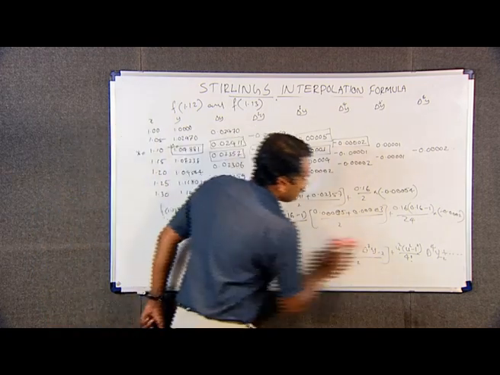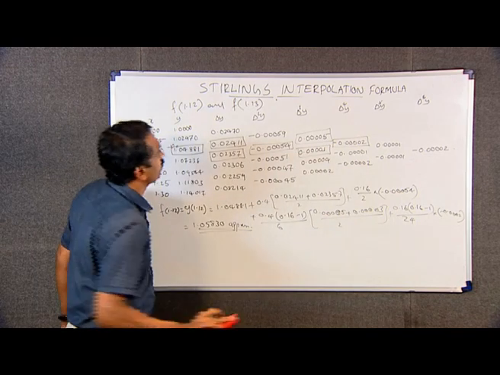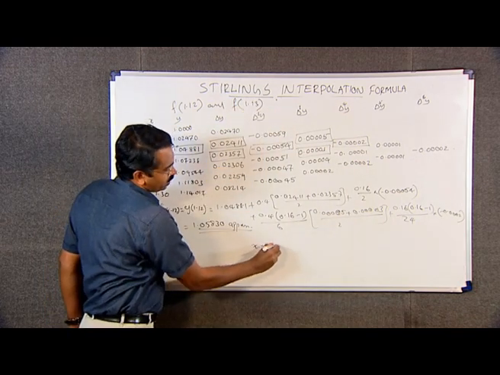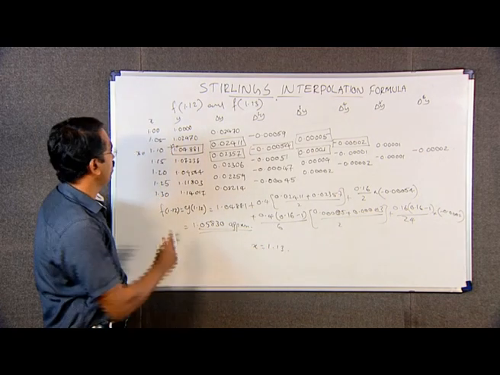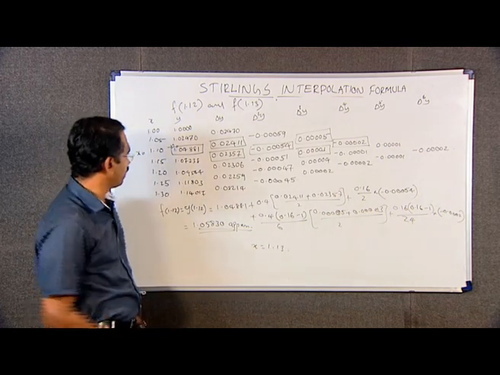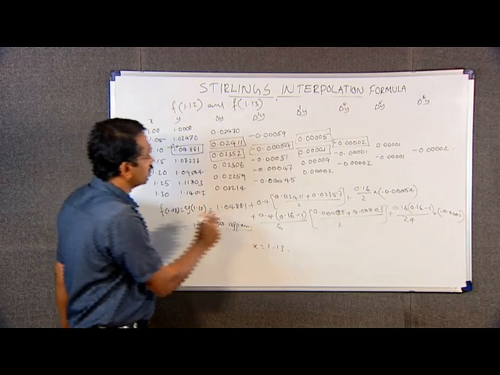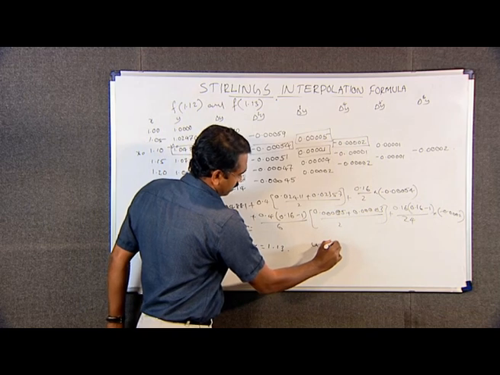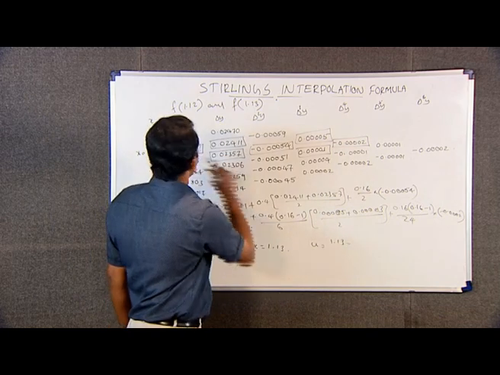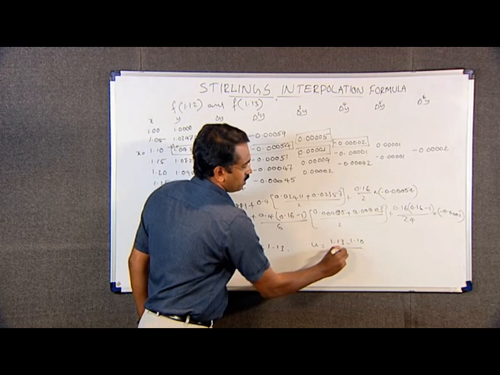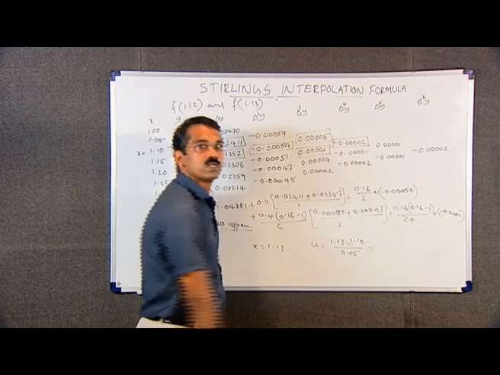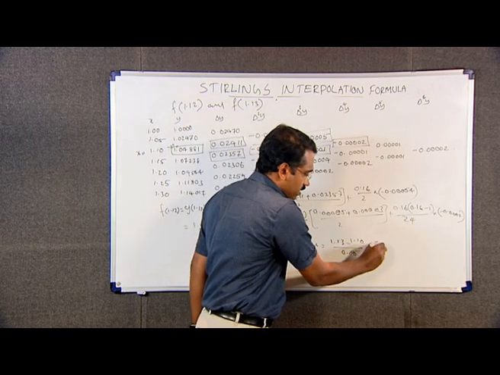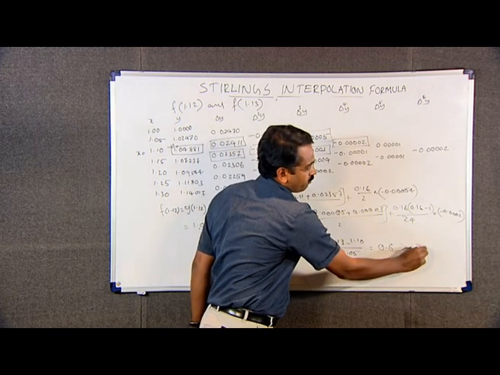Now, in order to evaluate f of 1.13, here x is 1.13, we can choose x naught as 1.15. If we choose x naught equal to 1.10, we will get u as x minus x naught by h, that is 1.13 minus 1.10 divided by 0.05, which is equal to 0.6, which is greater than 0.5.